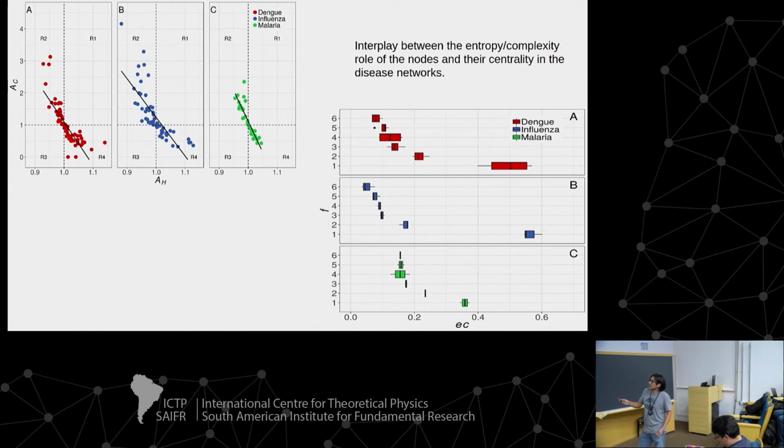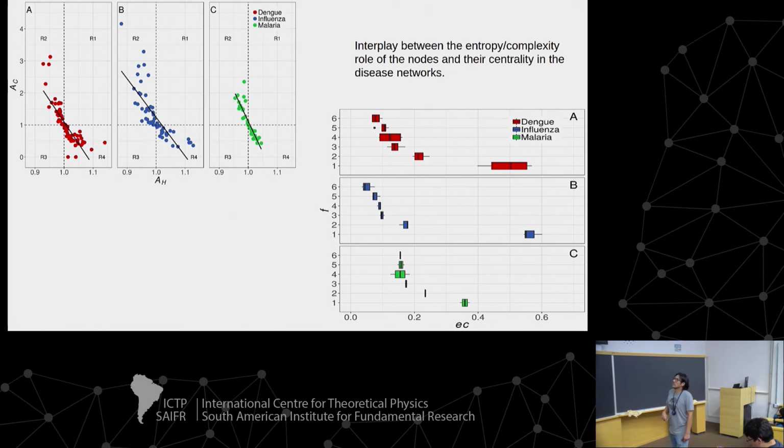Things that happen again in Mexico, in dengue and influenza, but doesn't happen in malaria. Again, from my point of view, from the data that I have and from the results that I am obtaining, I would definitely attribute this to the seasonal behavior of the diseases.